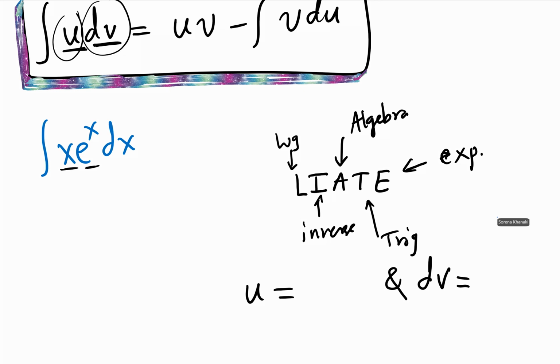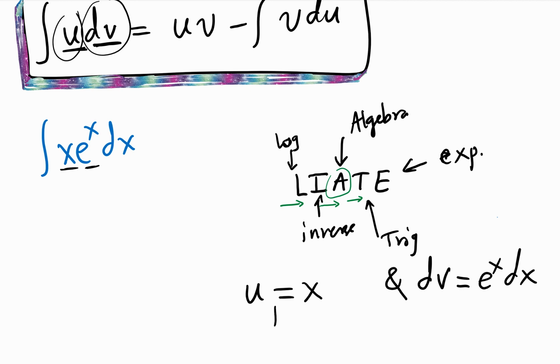Which one do you come across going from left to right? If I'm traveling this way in this trick, do I come across exponential first or algebra? Well, I come across the algebra first. So the one you come across is going to be our u, which is x. Everything left, e to the x dx, that's our dv.